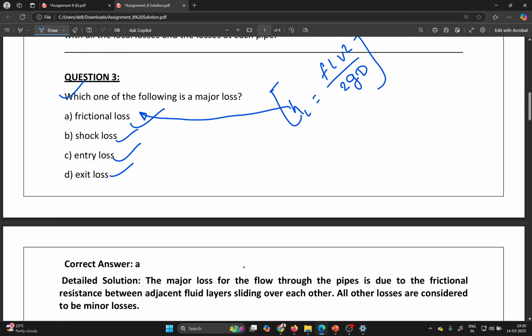Detailed solution. The major loss for flow through a pipe is due to the frictional resistance between adjacent fluid layers sliding over each other, and all other losses are considered minor losses.